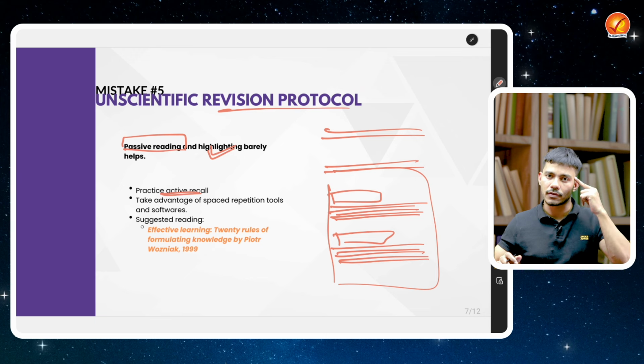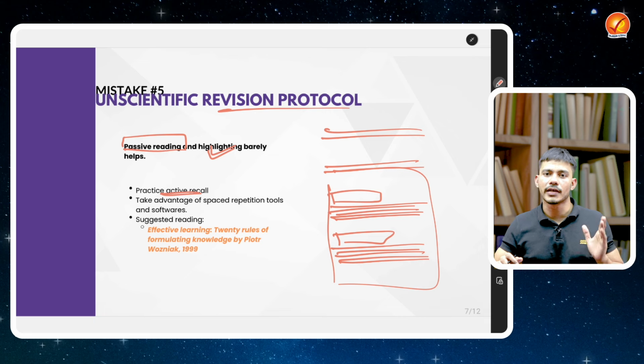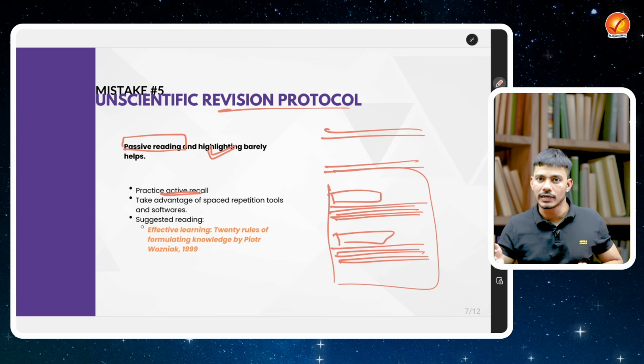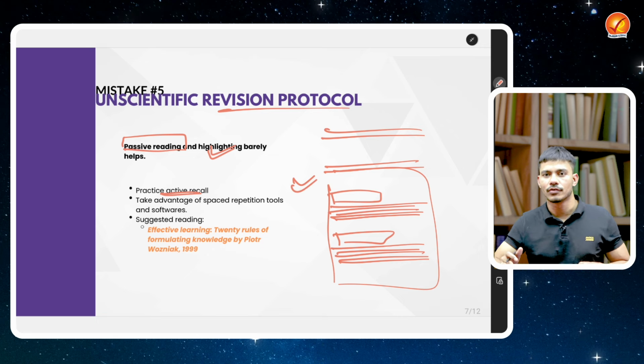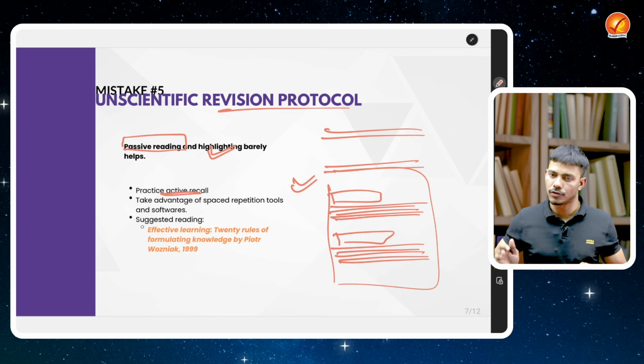Try to force your mind to recall. If you recall, well and good. Even if you do not recall, now your mind is in a very fertile condition to grasp whatever you are going to read ahead. This exercise of active recall has been scientifically proven to lead to very good quality retention. So this is a habit which you must incorporate in your revision protocol.